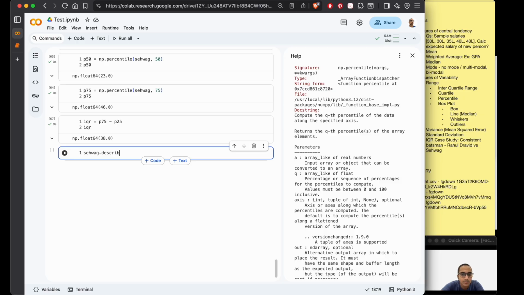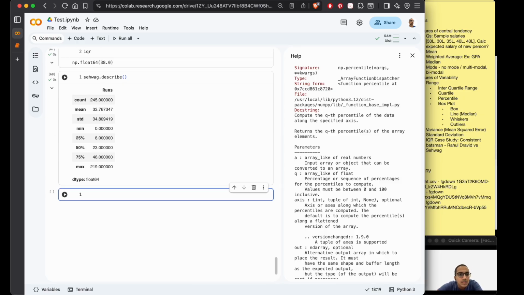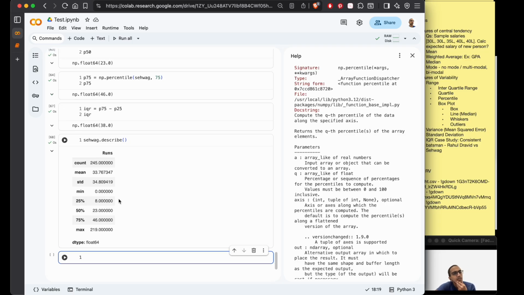Sehwag.describe. So if you see here, the mean is 33. That is a little strange because... okay, wait one second.